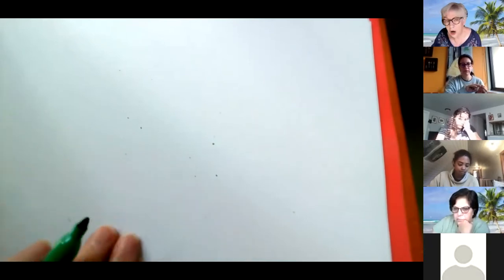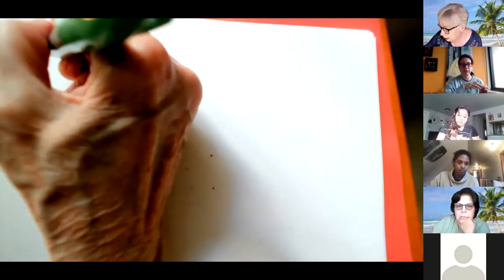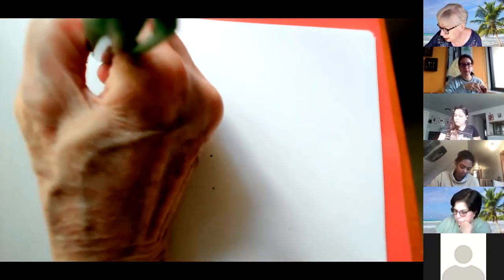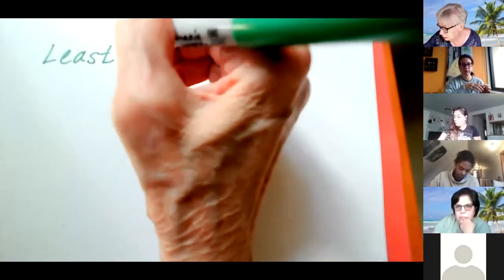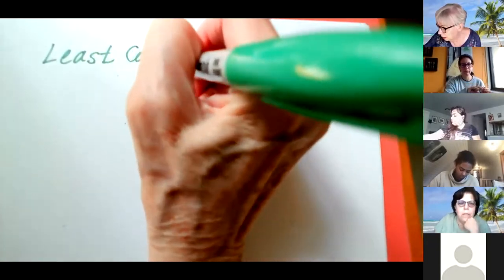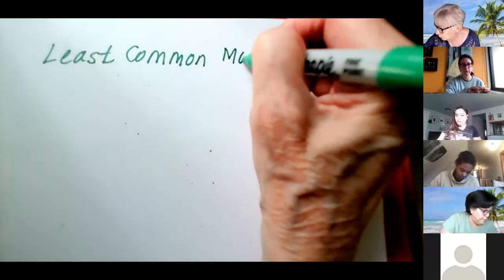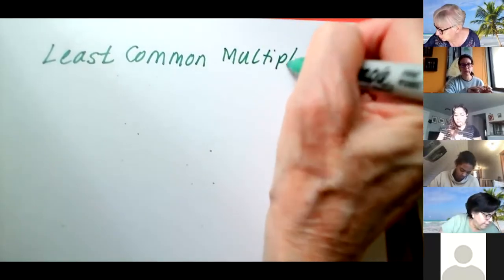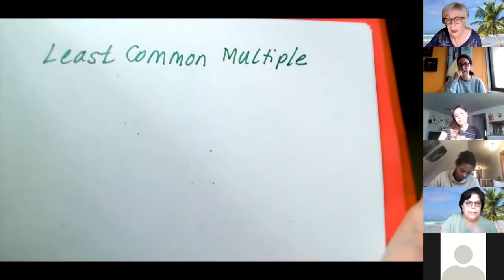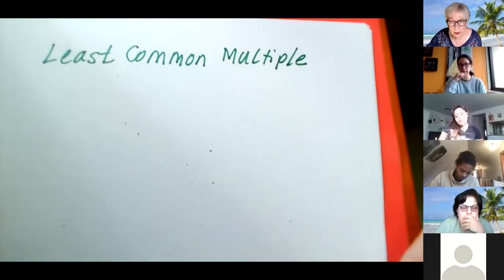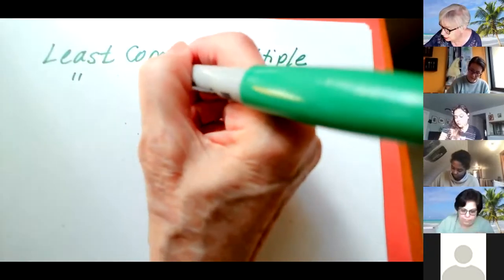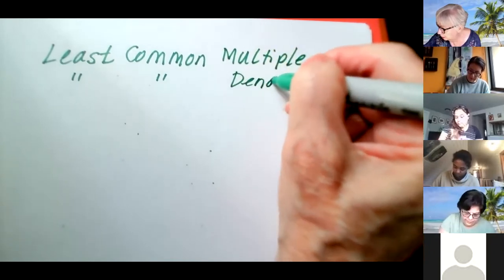Now, what they talk about in this first section is least common multiple. Least common multiple is the same thing as least common denominator.